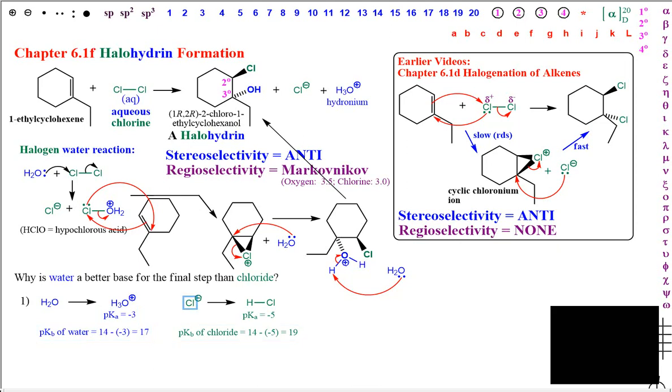Chloride pKb is 14 minus the conjugate acid's pKa, negative 5. 17 is 100 times stronger base than 19. And the second part of the answer, which is just as important, is that water, being the solvent, is present in vastly higher amounts than chloride.